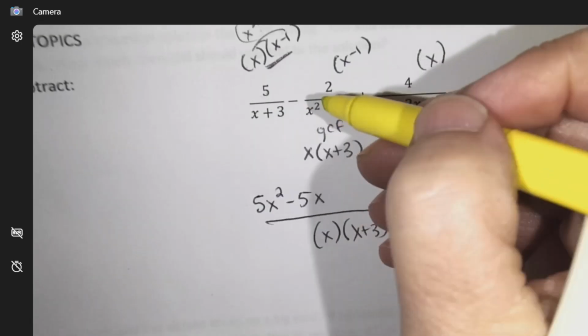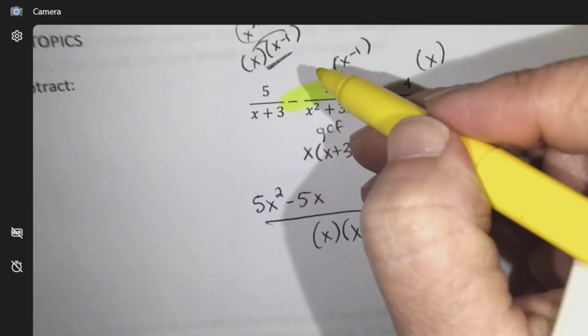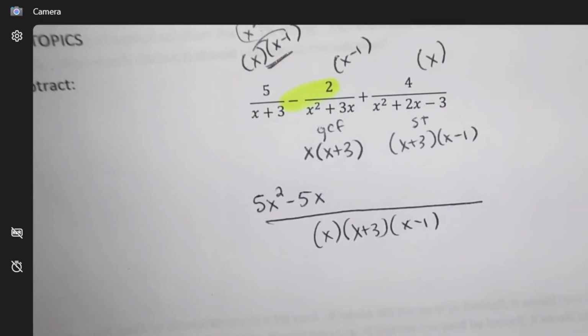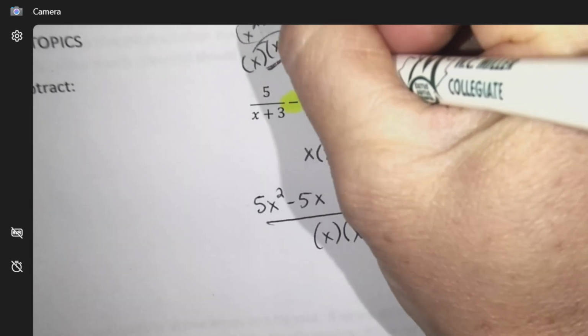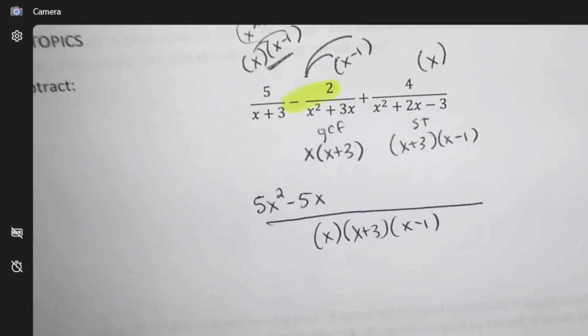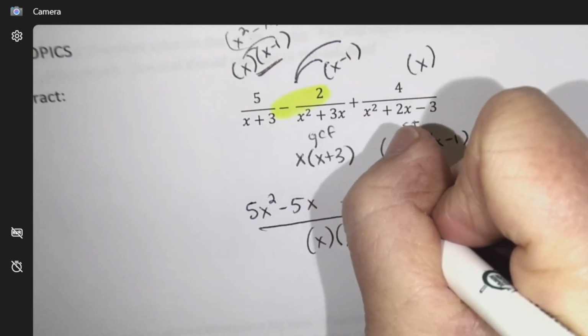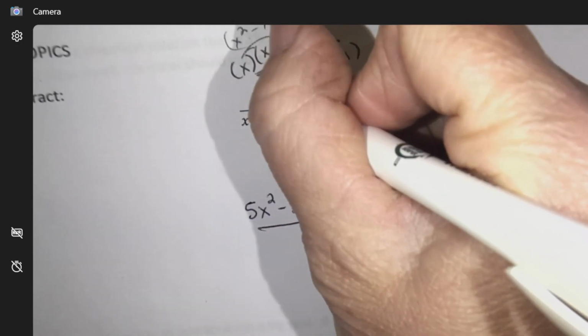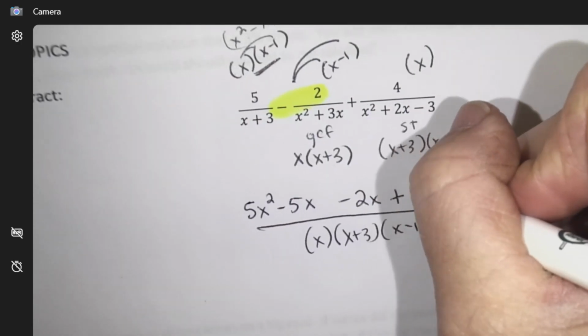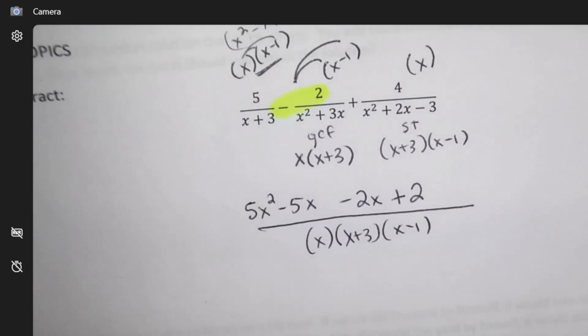Okay, please pay attention. Here's the common mistake. There's a subtract and it has to go into both. So minus 2x and plus 2. I feel like that's where I catch people.